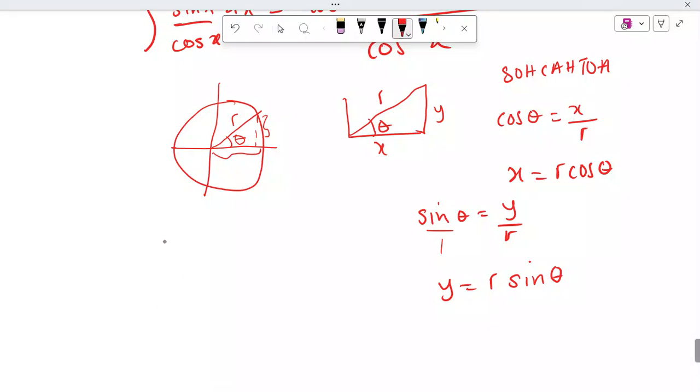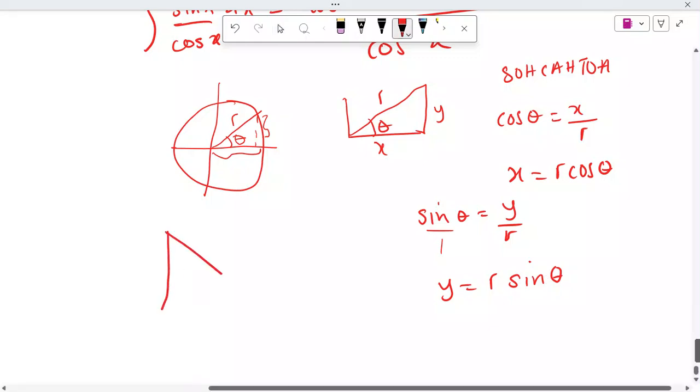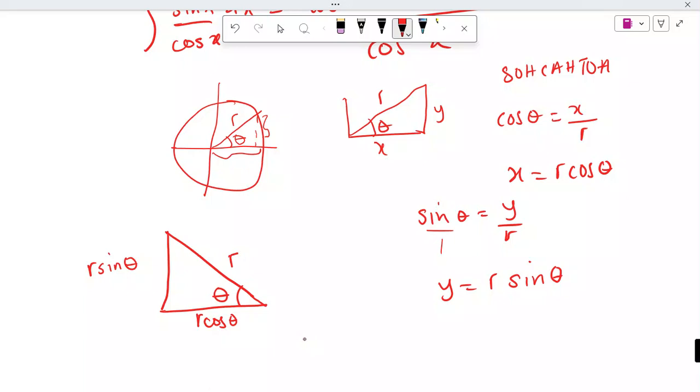If you remember very well from Pythagoras theorem, we have this distance r sine theta, then we have r cos theta, then we have the distance r. This is theta. If you want to calculate the hypotenuse, you take squares of adjacent and the opposite.